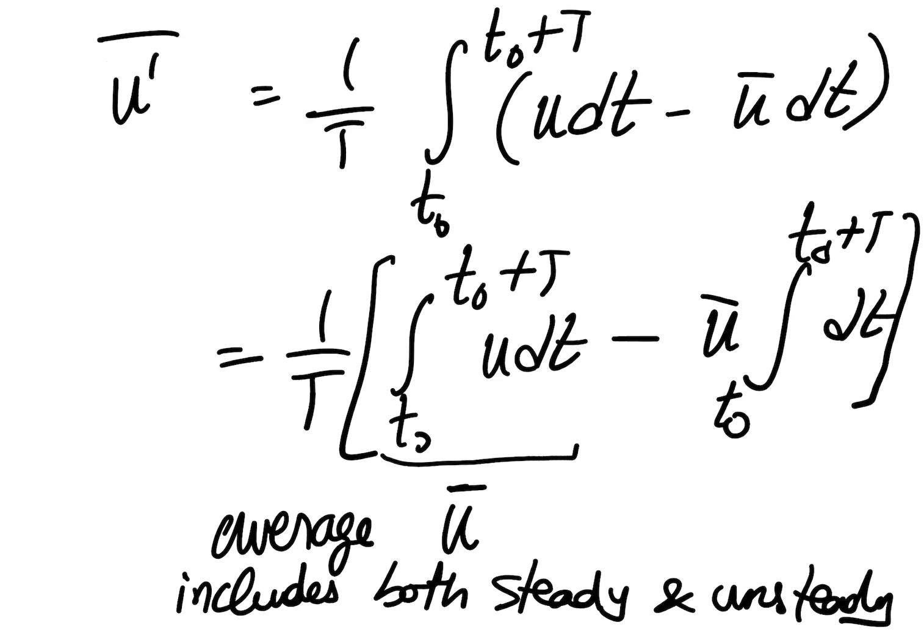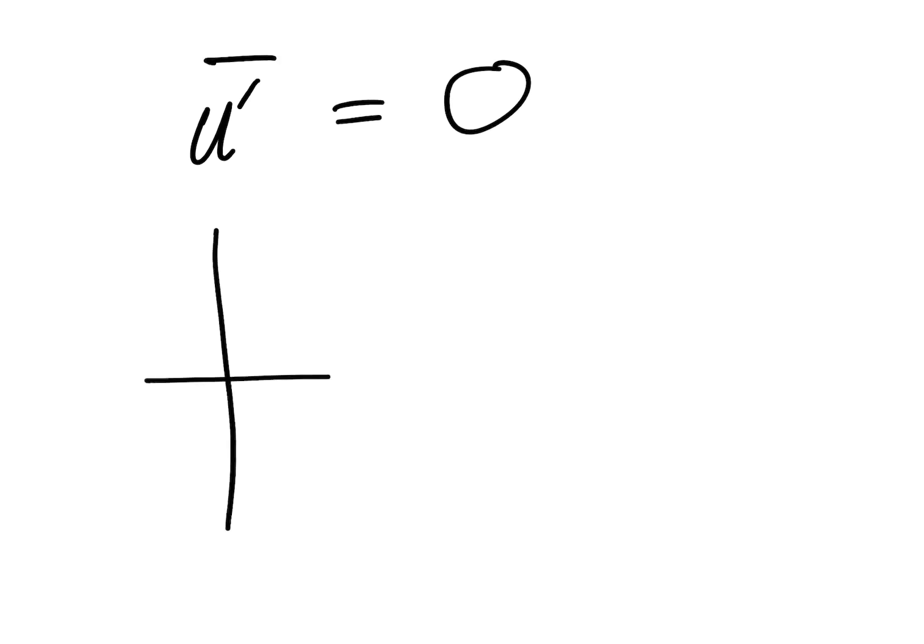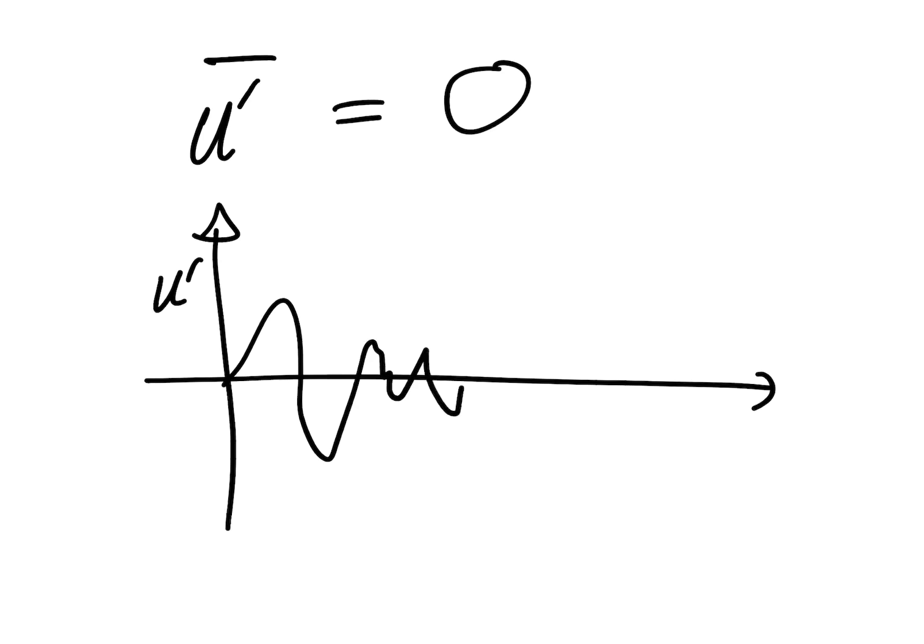Okay. So this quantity is U bar. This quantity here is U bar times T, and this quantity here is also U bar times T. So what you are getting here is really the average value of the fluctuating component is 0. That is, if we plot the U dash, it's about 0.